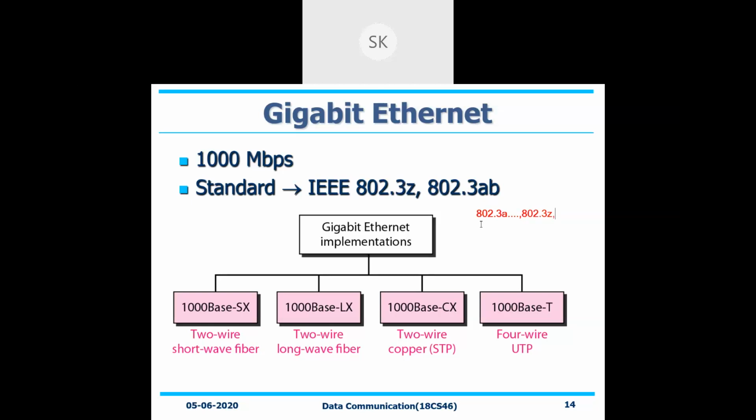You need to take it and fulfill that particular principle. 802.3A followed by B. Similarly, next one will be 802.3, C D will come into the picture. It goes on until it reaches 802.3Z. Once it reaches this, it will be changing.